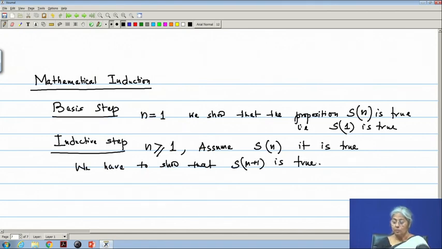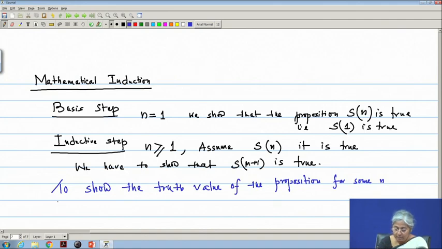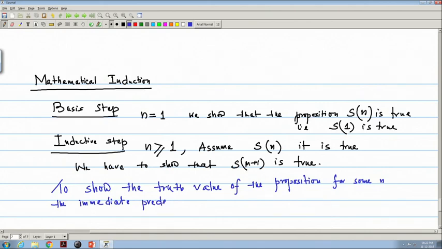That means, to show the truth value of the proposition for some n, the immediate predecessor statement or proposition is assumed to be true.